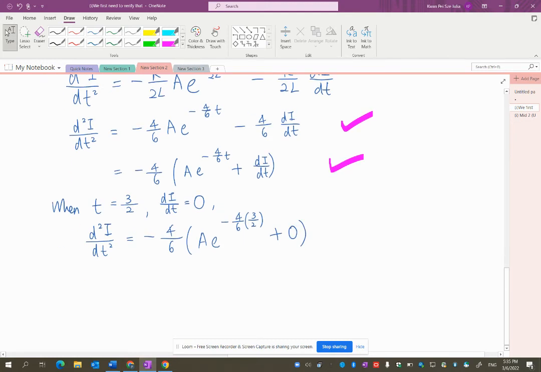Okay, so you see that this value here is negative, since A is positive, and of course this is overall positive.